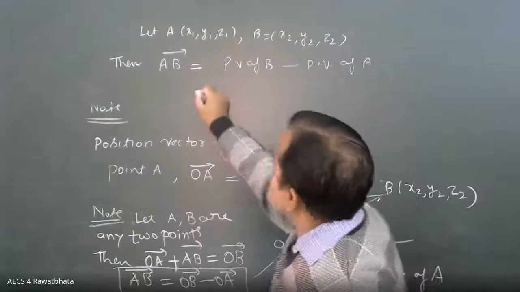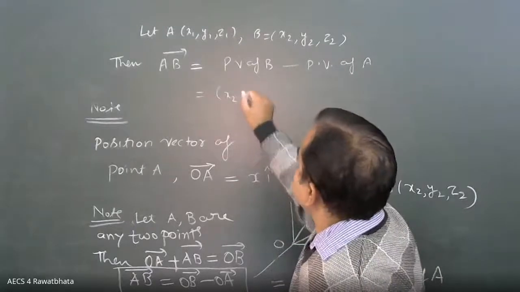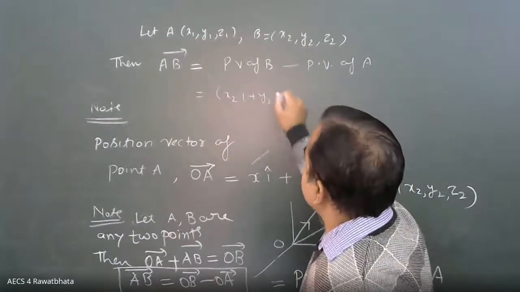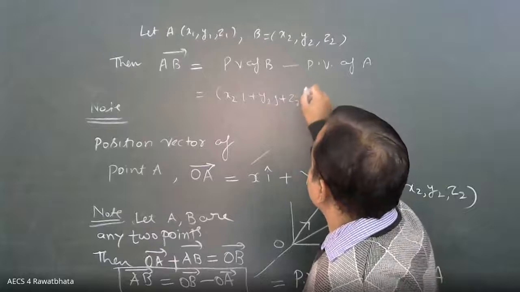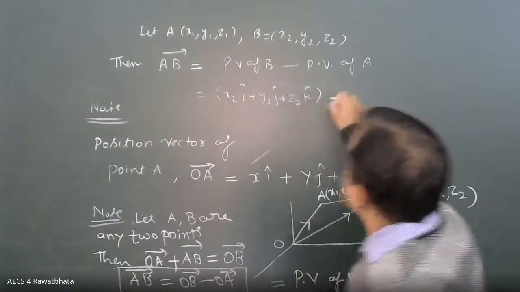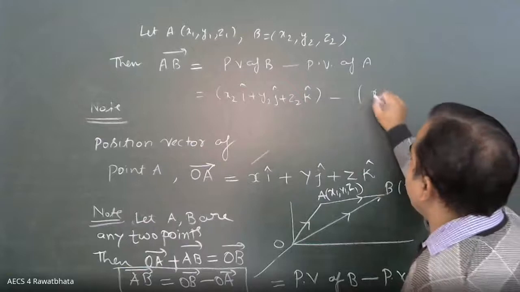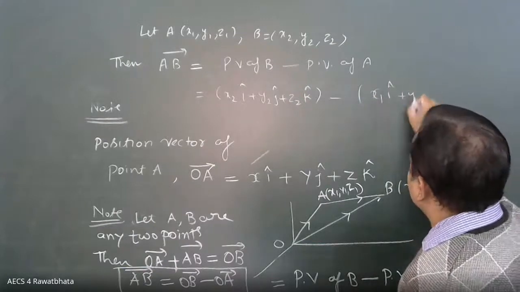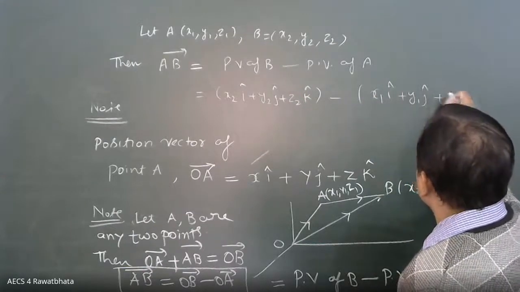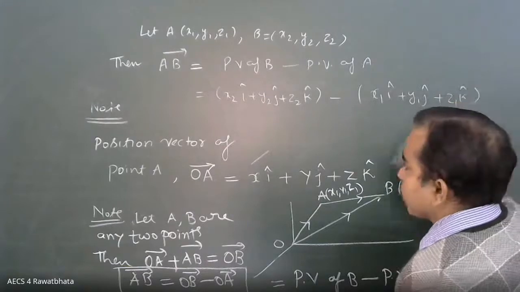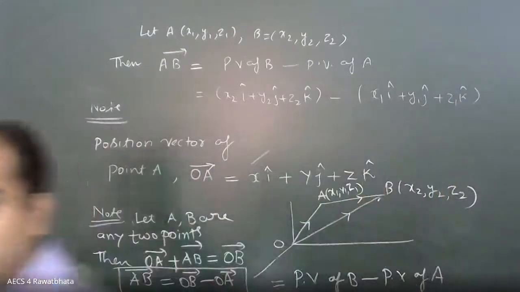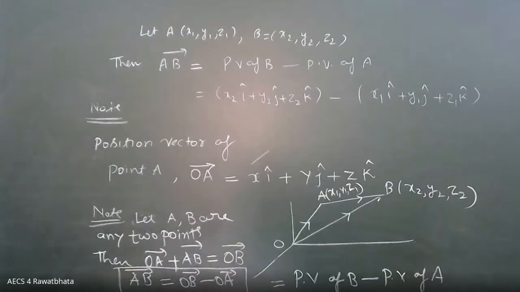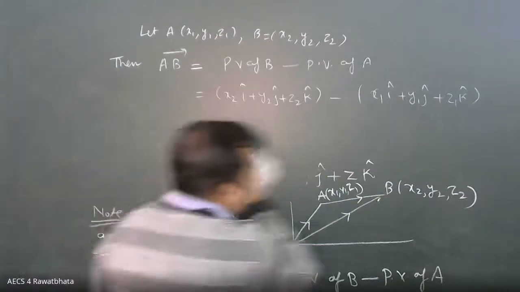Position vector of B will be x2 i plus y2 j plus z2 k, right? Minus position vector of A, which will be x1 i plus y1 j plus z1 k. Then if I subtract them, what will come?